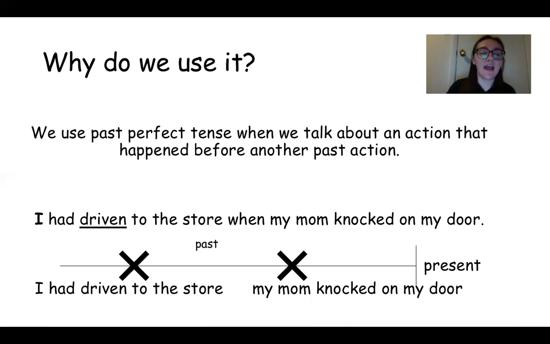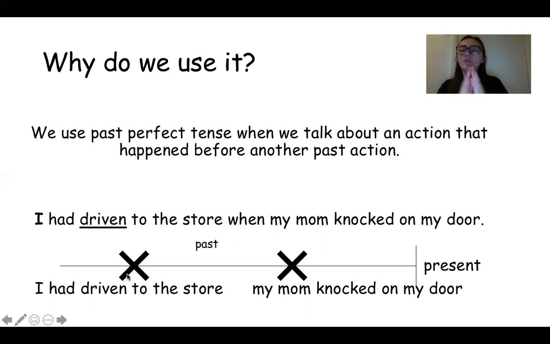So if you say, I had driven to the store when my mom knocked on my door, you'll see that right here is the present. Okay, we're going to pretend like this is a line of time. So the present right now is here, and everything over here is the past.